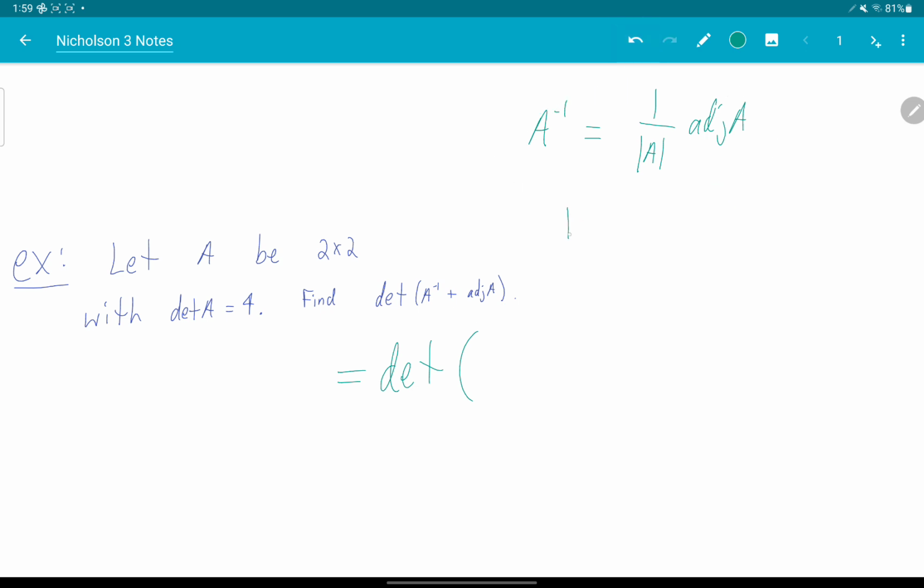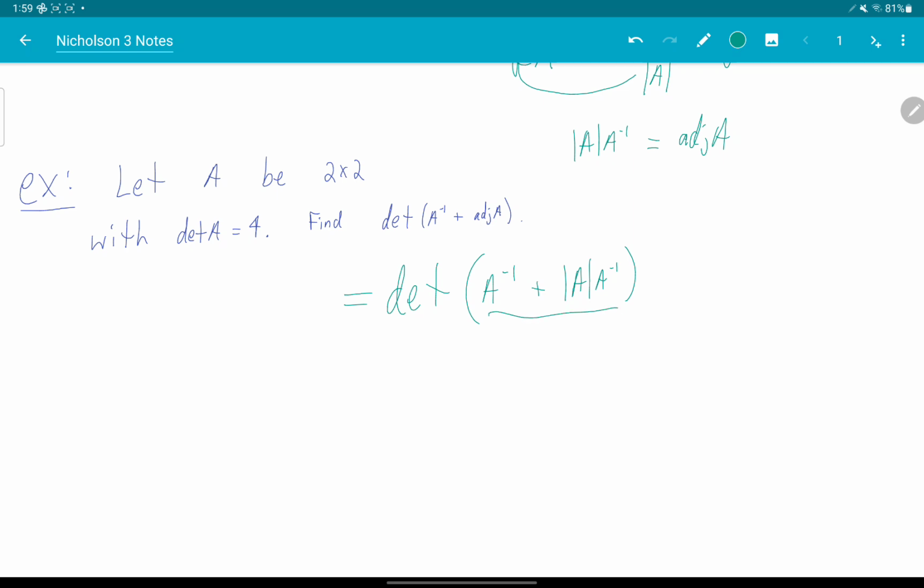So I get determinant of A, so I'll bring this up here. So here's my adjugate. It can be replaced with this. And then I will be in business because I can factor this item in the bracket.